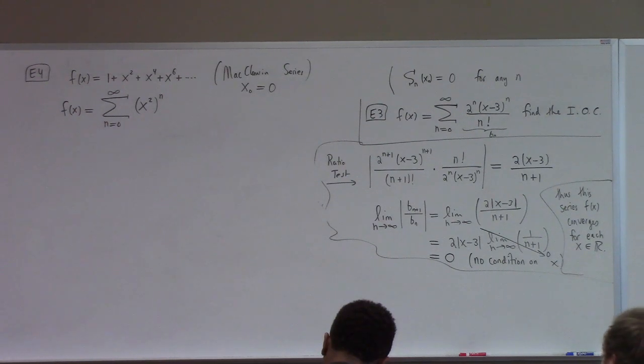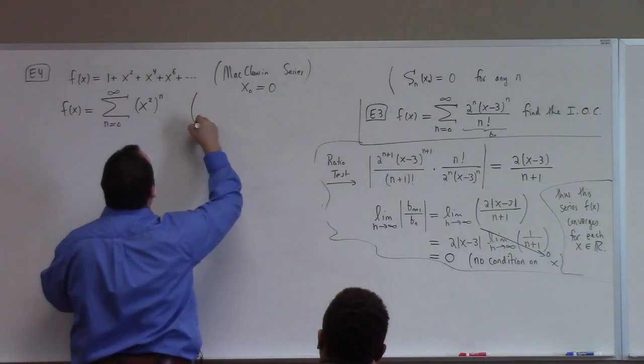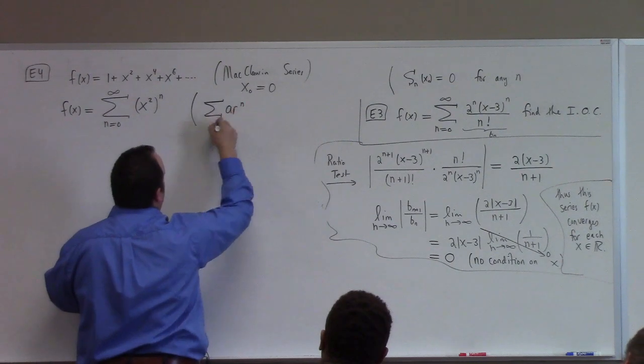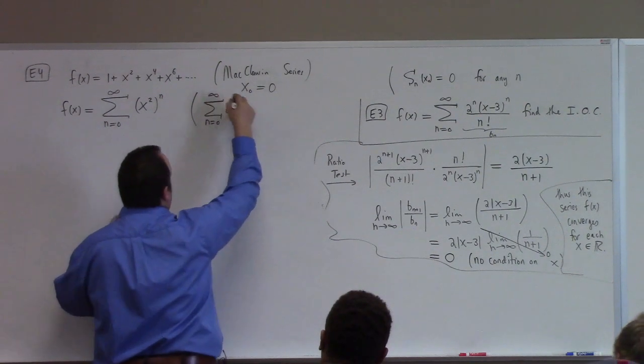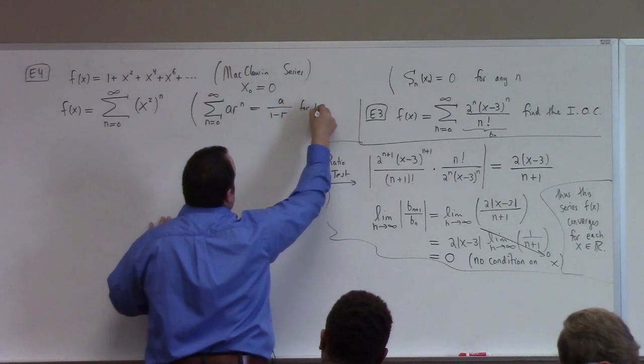So this has the form of the sum of a r to the n from n equals 0 to infinity, which is equal to a over 1 minus r for the absolute value of r less than 1.